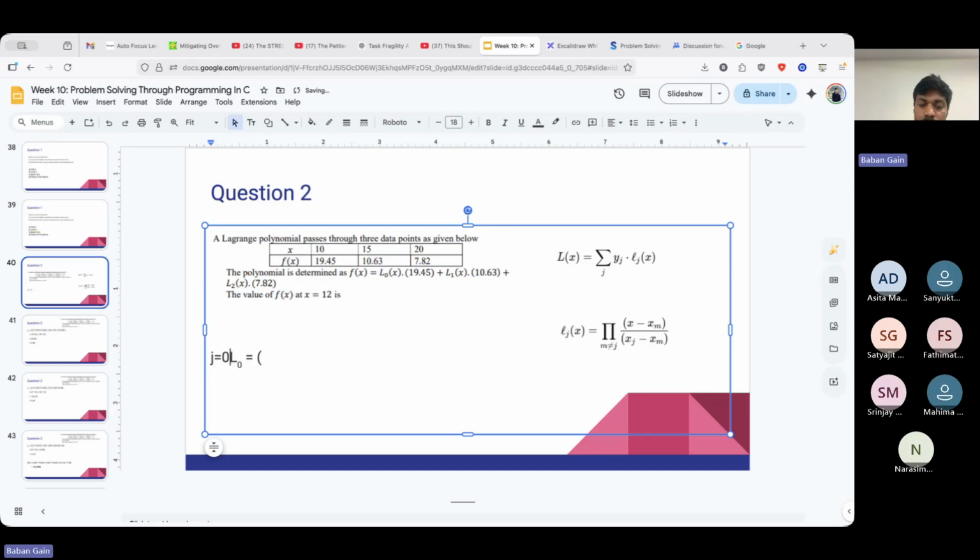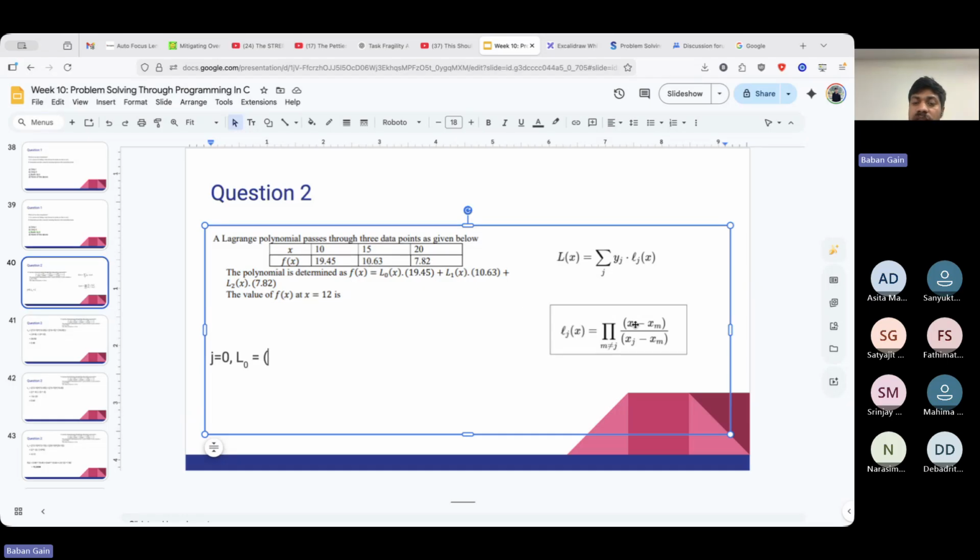At first j is 0, then we have to consider everything. j is 0, j is 1, j is 2. For j equal to 0, we have to calculate L0, where m is not equal to j. So here we have to consider the values of 1 and 2.